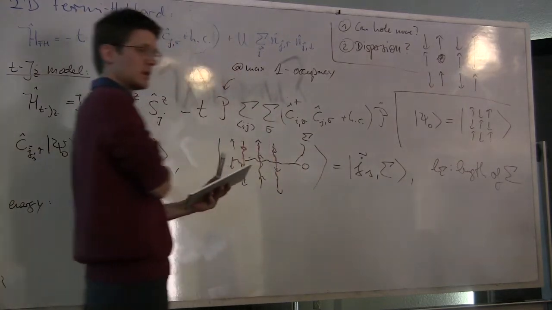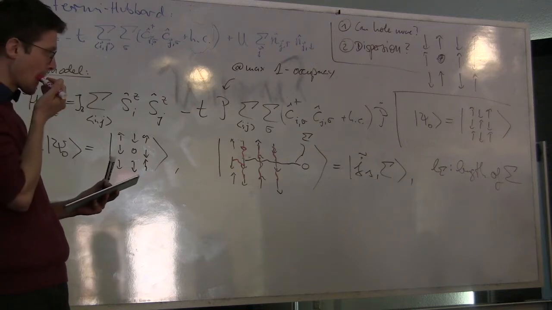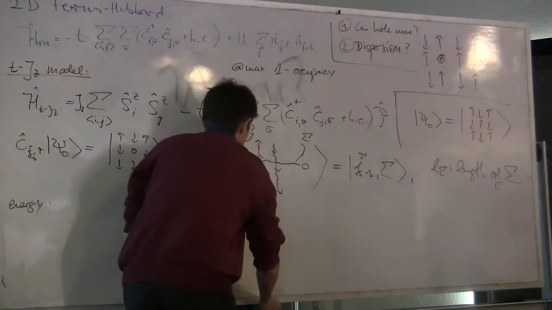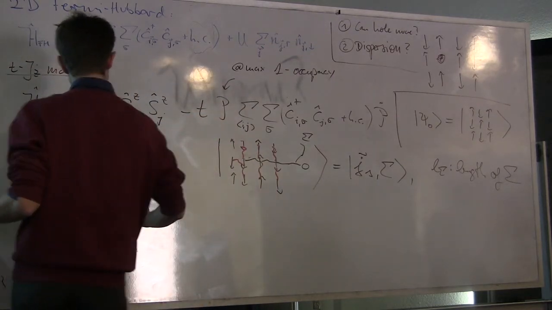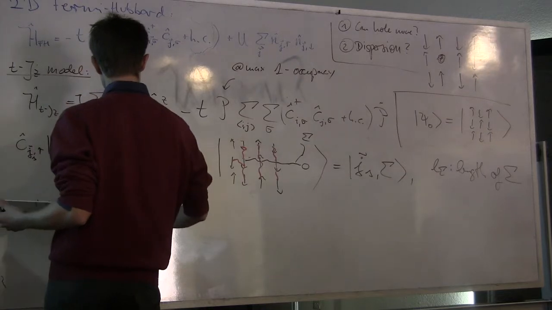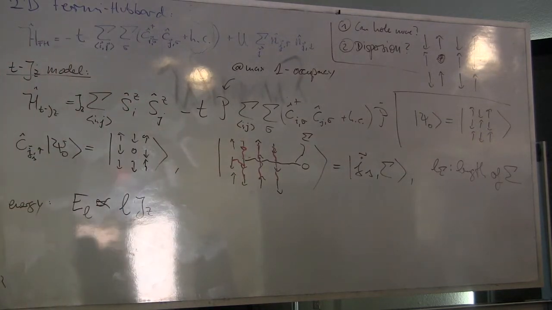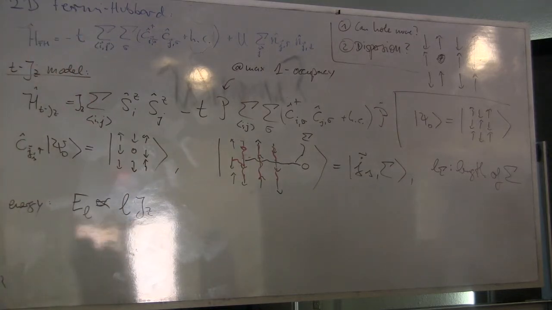So obviously, the energy you get will be proportional to the length of the string and the JC, right? So we'll get E of L something like proportional to L times J squared. Okay? And you can work out the prefactors and so on. So for straight strings, this is actually true. And so now, at this point, let's ask again, does the hole move?